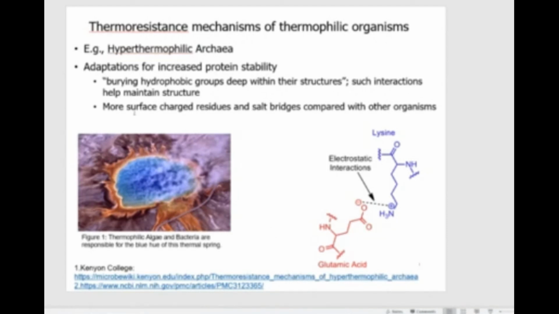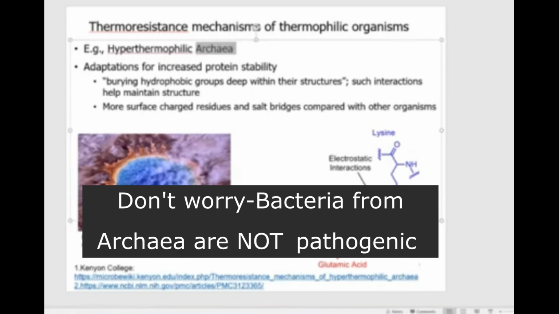But certain bacteria, in the archaea group, if you remember, that's one of the three domains: bacteria, archaea, and eukarya. Some of these can be very resistant to high temperature. They are considered hyperthermophilic: hyper, very high, thermal temperature, philic means love. So they love hot temperature. You can find those bacteria in very extreme environments like this hot spring.